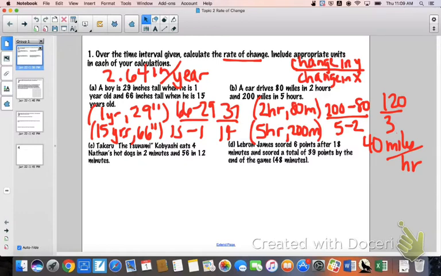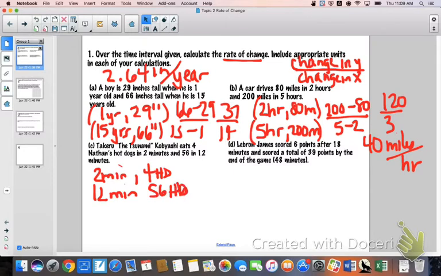Part C, Takeru "the Tsunami" Kobayashi eats 4 Nathan's hot dogs in 2 minutes. So, oh boy. All right, 2 minutes, 4 hot dogs. We'll just call that HD. And then 56 in 12 minutes. So 12 minutes and 56 hot dogs.